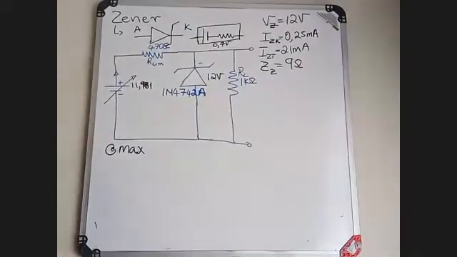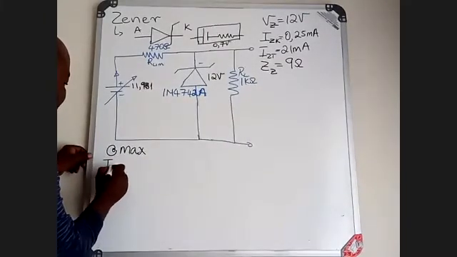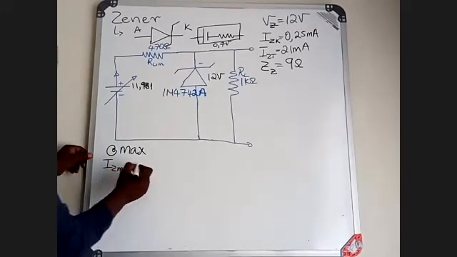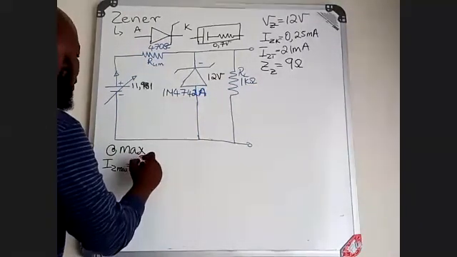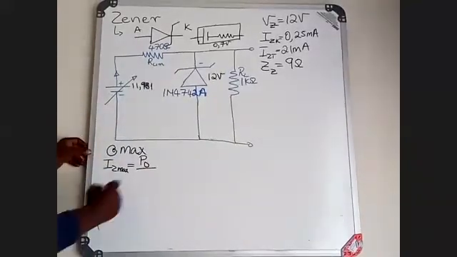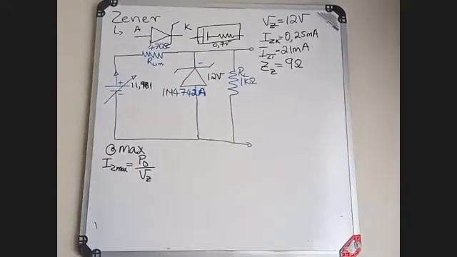Then I will go and say, at maximum, the first thing that I need to do is find my IZ maximum. What is my IZ maximum? Your IZ maximum will be determined by the power dissipated across the Zener divided by your Zener voltage.